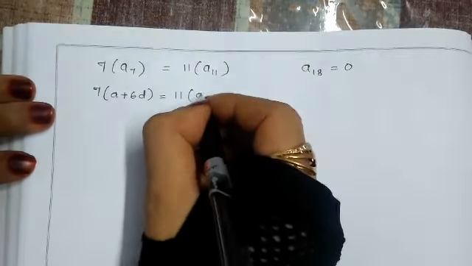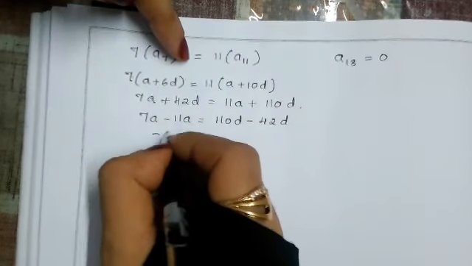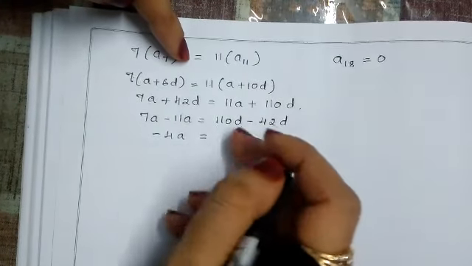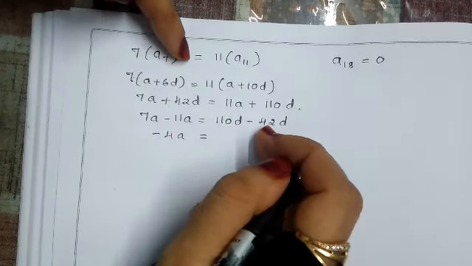Like terms we will bring to one side. 7a minus 11a is equal to 110d minus 42d. So 7a minus 11a is minus 4a, equals 110 minus 42.